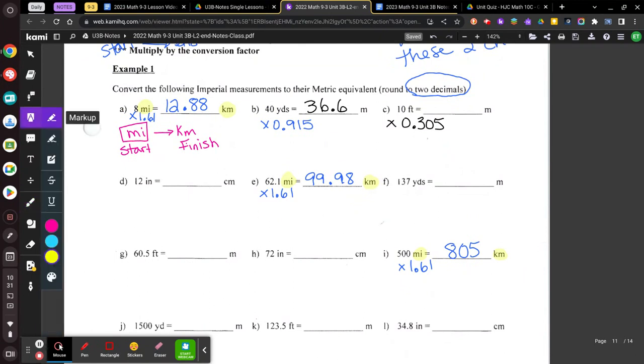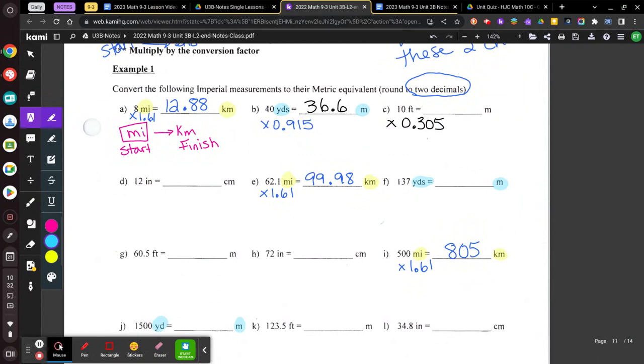Now we're going to switch gears and we're going to do all the yards to meters. So I'm going to find all the ones that say yards to meters. Yards to meters. Yards to meters. So there's 3 of each. Okay, there's 3 of each type of conversion. So if you take a look at the blue one, we did all the yellow ones.